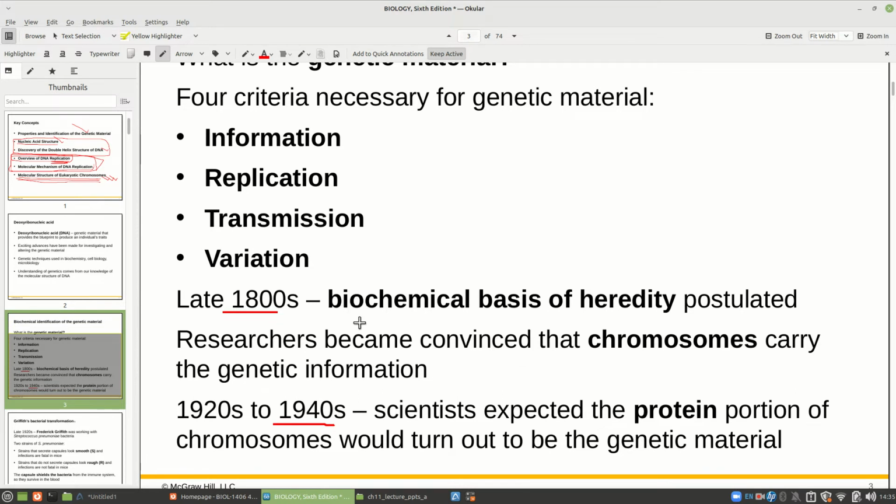So the biochemical basis of heredity, and when they came up with this idea that, hey, the chromosomes must be the thing that's carrying it. What is it about chromosomes that makes you believe that? And of course, if you go back and read some of the things we've already read, it's because you get some of it from one parent and a little bit from another parent, and they combine to make the new one, the new child or the new organism.